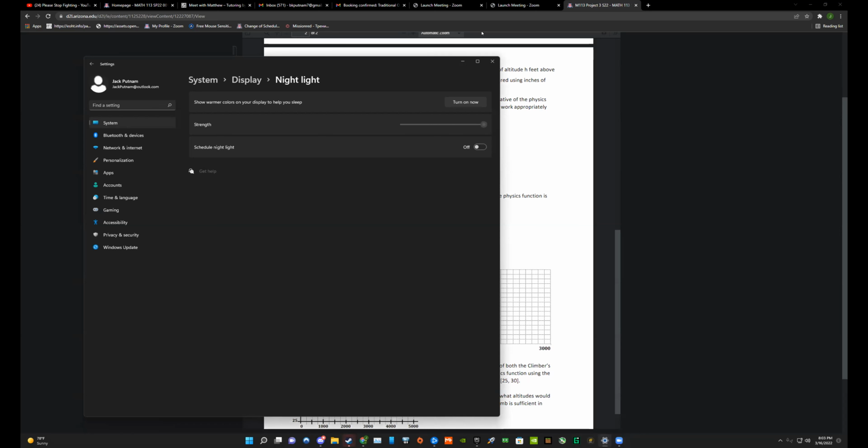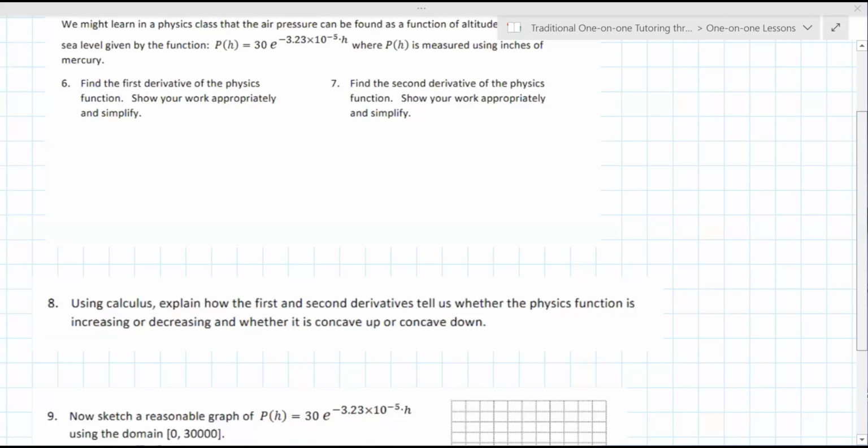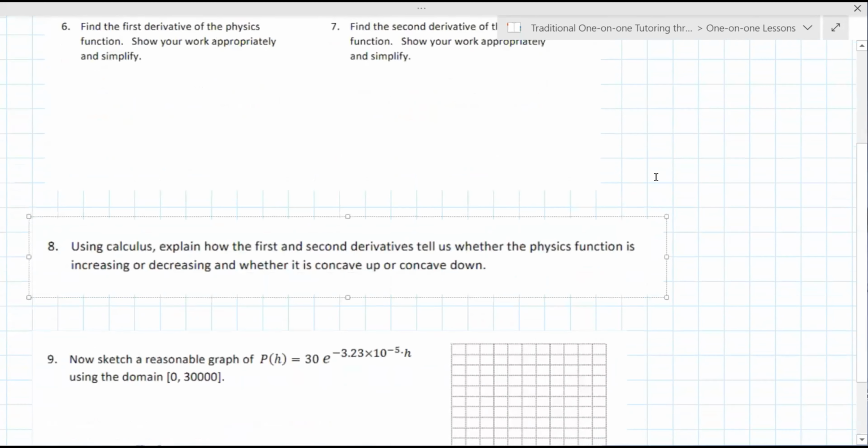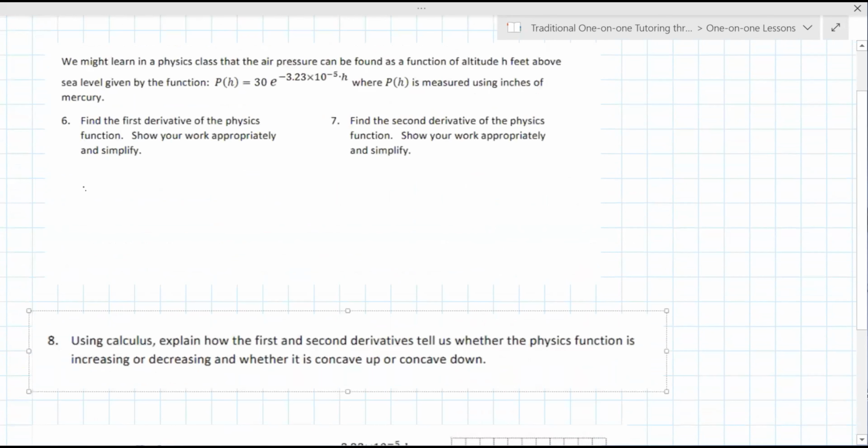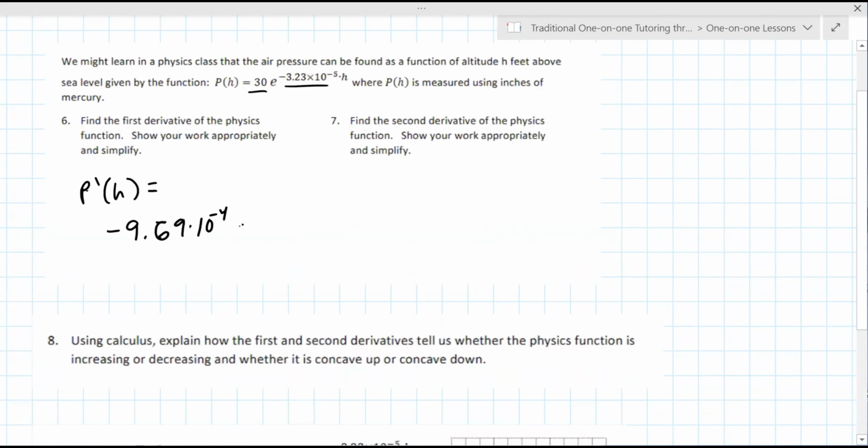I'll share my screen and hopefully get this cleared. So the first derivative, p prime of h, did you end up multiplying these numbers? If not, what did you get for that? It's like, for the first one, negative 9.69 times 10 to the negative fourth, and e to the whatever.